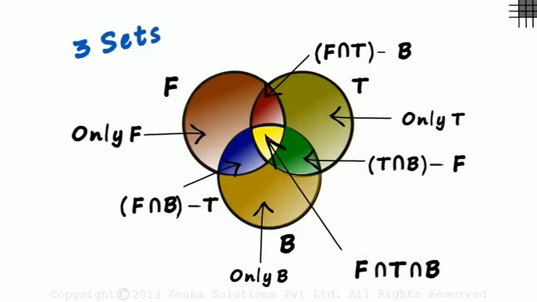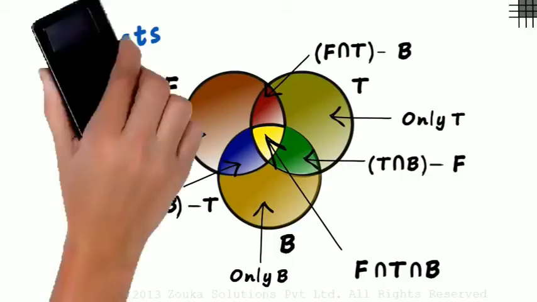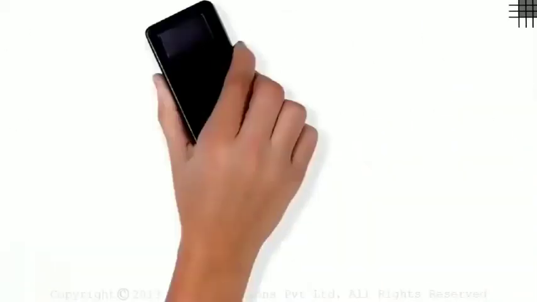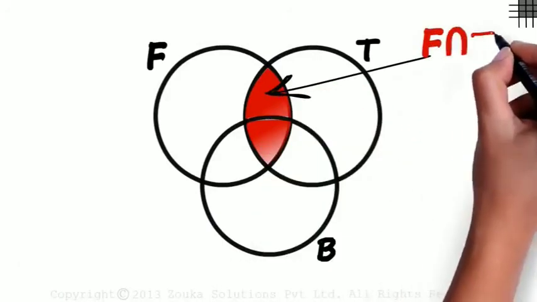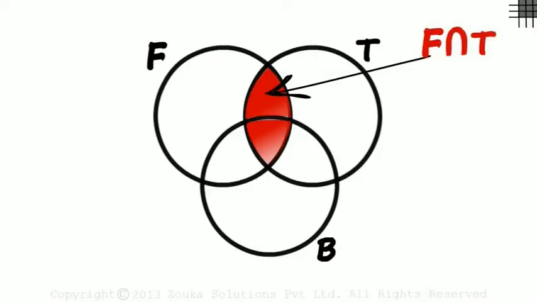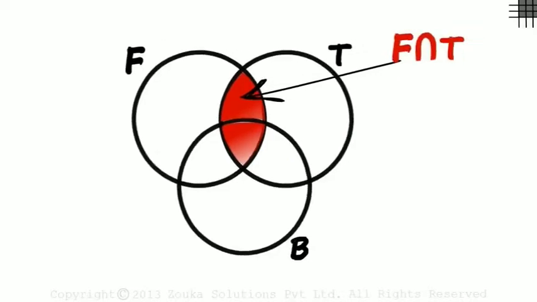So these are the regions you should know well. These ones were a bit tricky. So here are a few more questions to know if you've really understood the regions well. Let me draw the sets again. What is this region? Yes, this region is F intersection T. It also includes students who play all three sports.